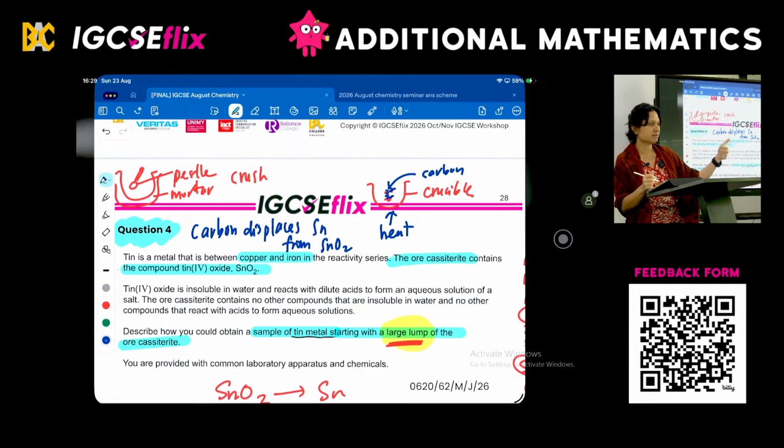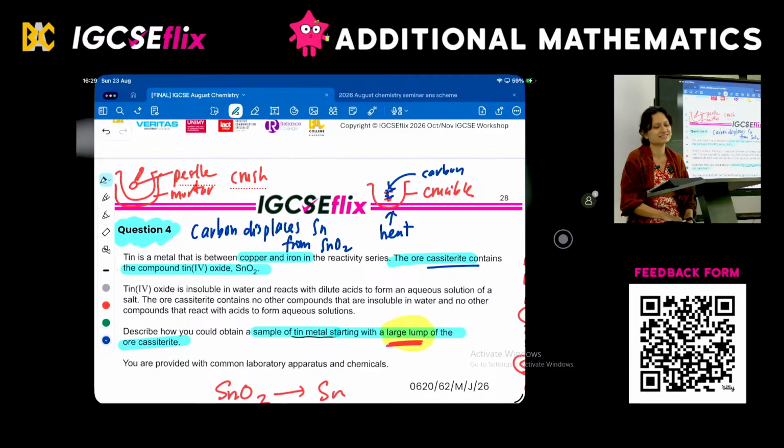Using a mortar and pestle, crush the cassiterite into smaller pieces or powder or whatever, put in a crucible together with carbon powder, heat. This is a displacement reaction. Ta-da! Not even 6 sentences. Do you understand?